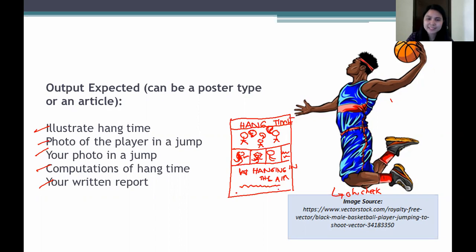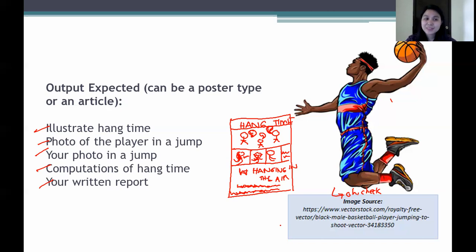Example, I can write here, Michael Jordan is an NBA, sorry, I'm not so good with them, is an NBA superstar. And he can jump as high as, blah, blah. Then you place here, upon jumping, his hang time is, he can jump twice as high as I can jump, and stay twice as long as I can stay in the air.